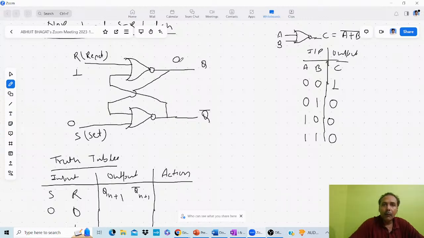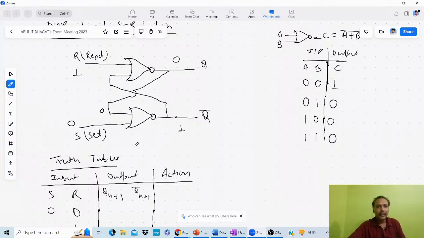Now when this is 0, it is connected to this NOR gate. So this is 0 and this is also 0, so 0 0 gives 1.